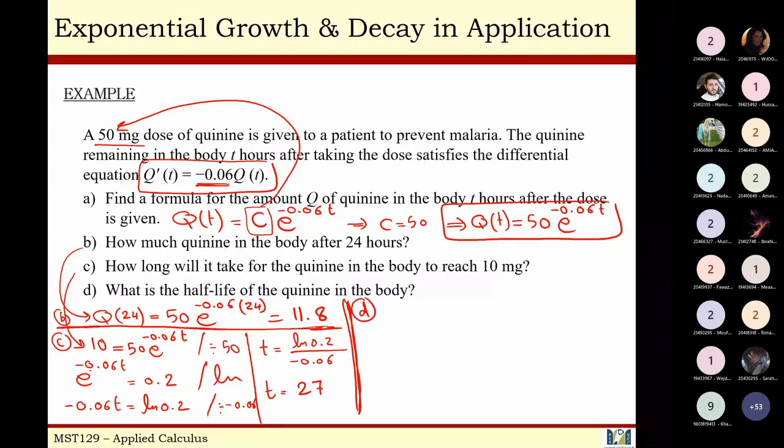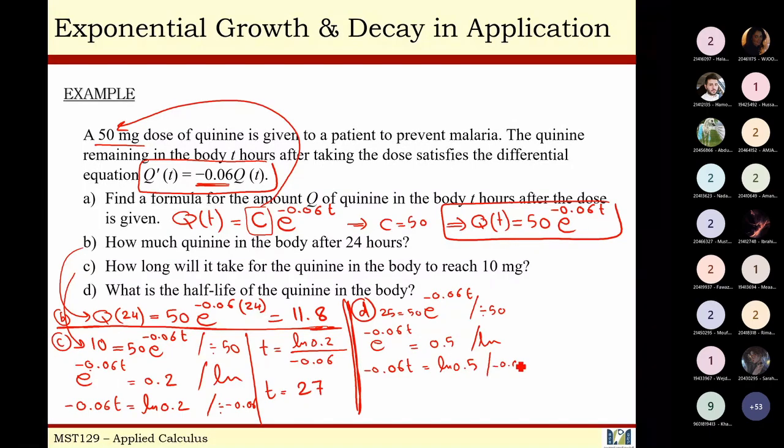By dividing by 50, we have e to the power minus 0.06 t equals half. Take ln for both sides, minus 0.06 t equals ln 0.5. By dividing by minus 0.06, t equals ln 0.5 over minus 0.06.